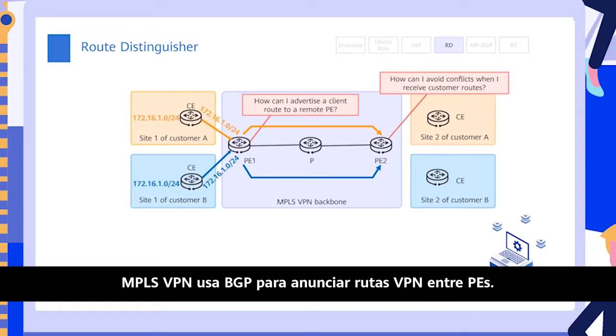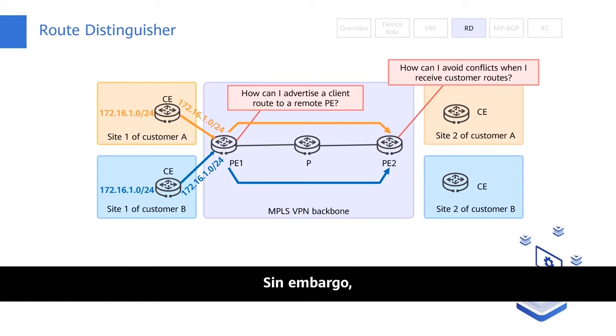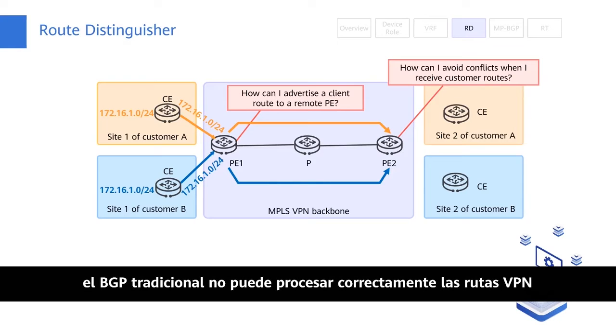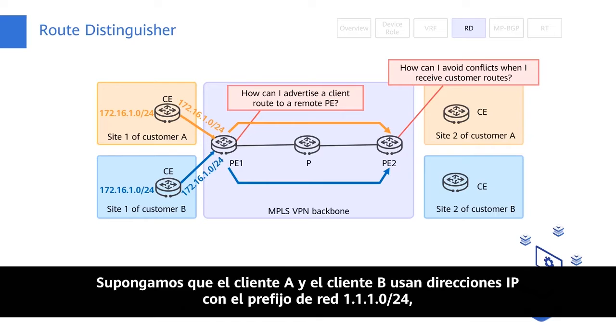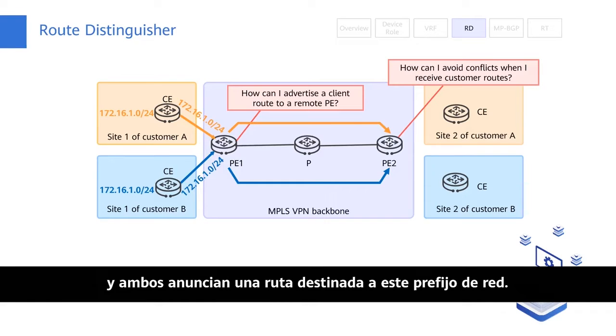MPLS VPN uses BGP to advertise VPN routes between PEs. However, traditional BGP cannot correctly process VPN routes with overlapping address spaces. Let's assume that customer A and customer B use IP addresses with the network prefix 1.1.1.0/24, and they both advertise a route destined for this network prefix.